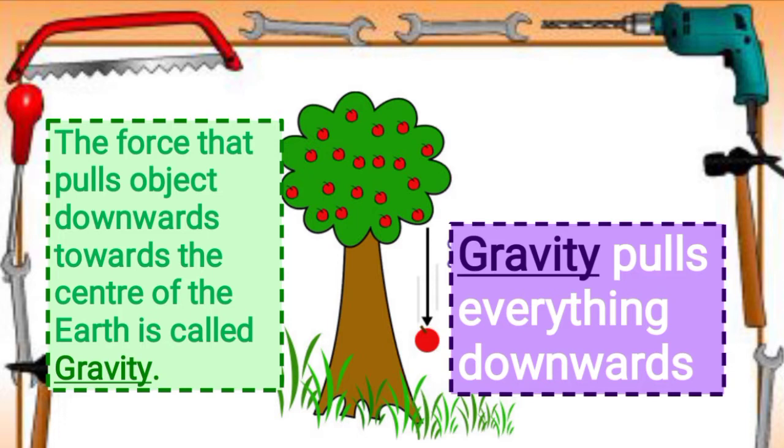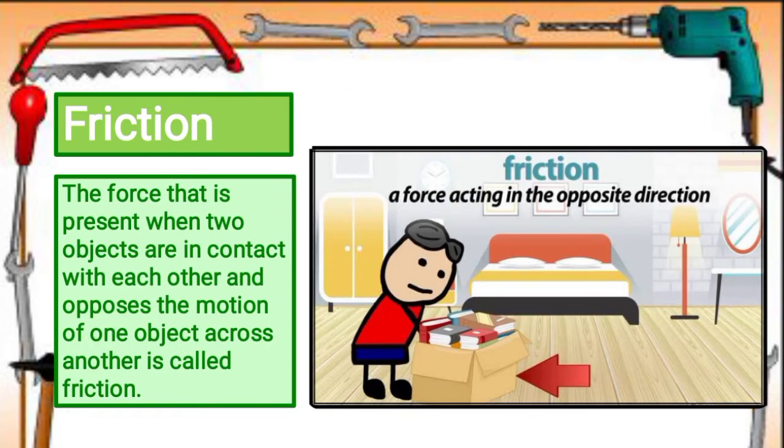Yes, it first rises up, then seems to stop, and then falls to the ground. But why does it fall down? Why doesn't it keep going upward? So, this is because of the force of gravity. The force that pulls objects downwards towards the center of the earth is called gravity.